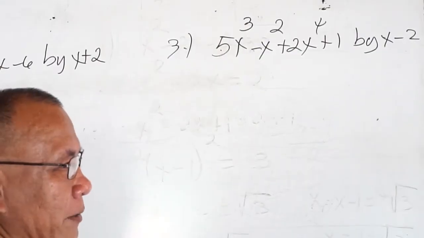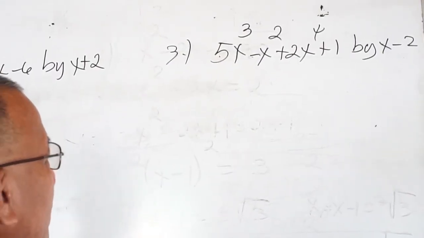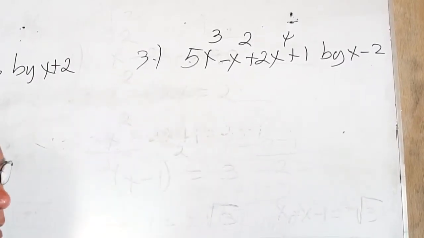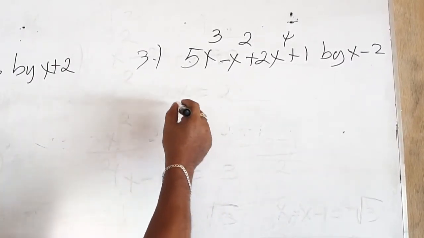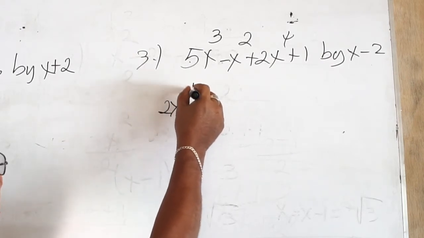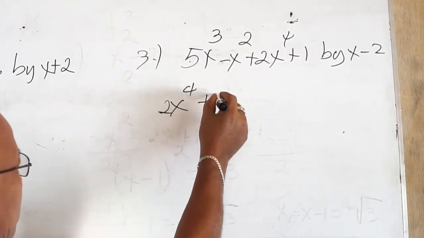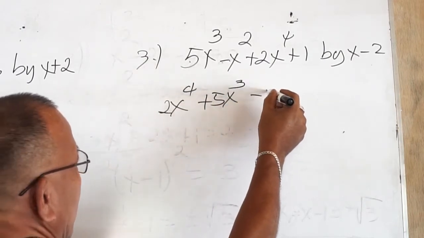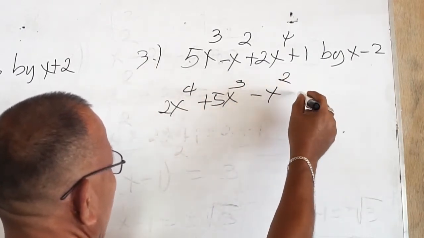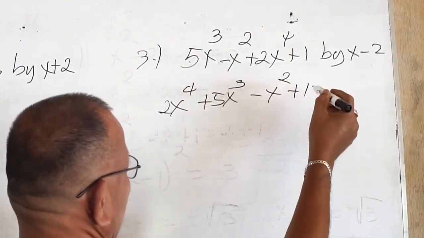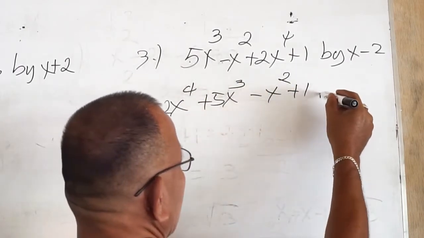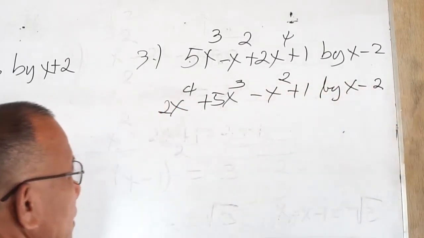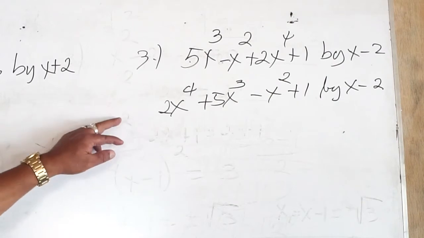Okay, for the number 3 example. First you have to arrange in descending order. We have 2x to the 4th power, plus 5x cubed, minus x squared, plus 1, divided by x minus 2.